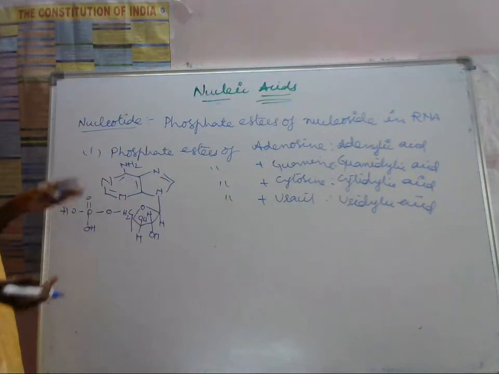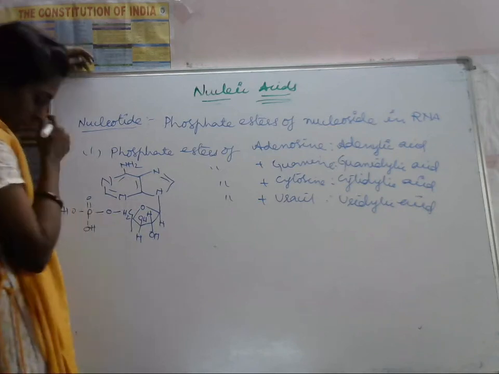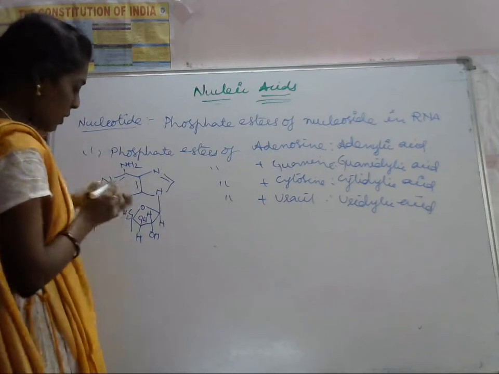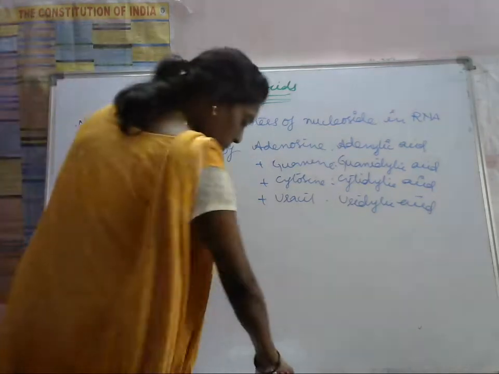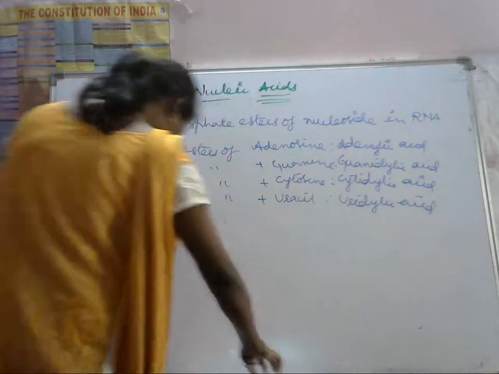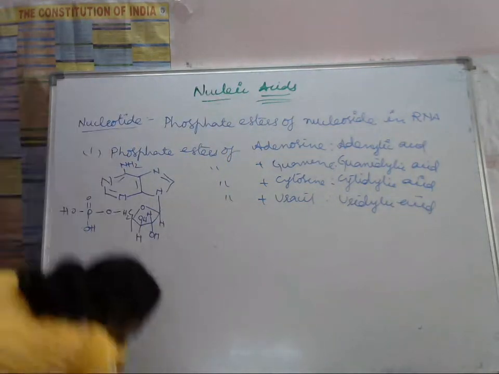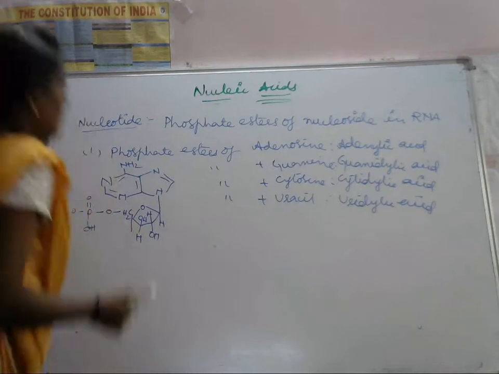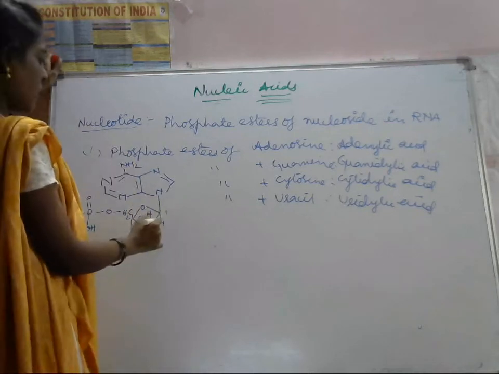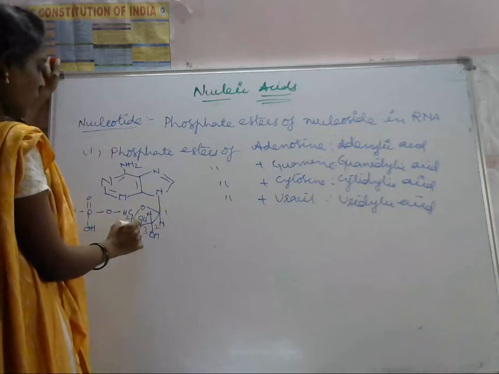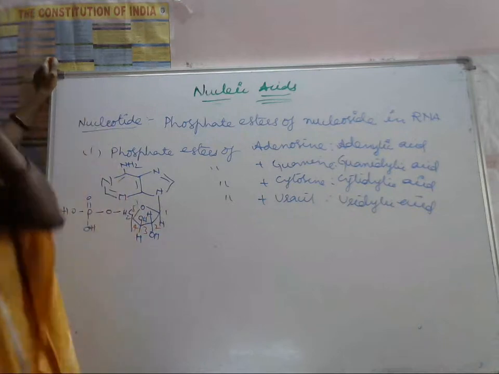If you replace like this, at which position will it attack? If you see 1, 2, 3, 4, 5th, this is called 5 prime.